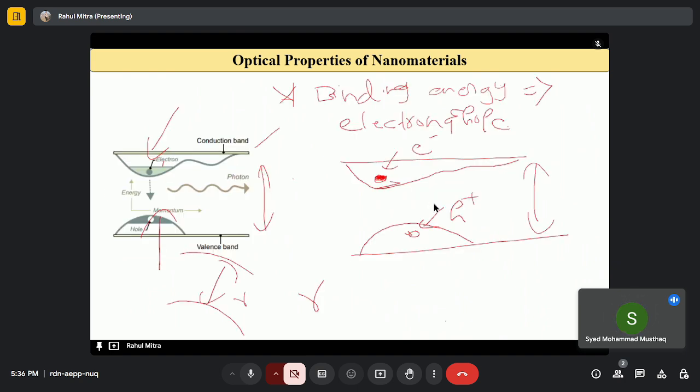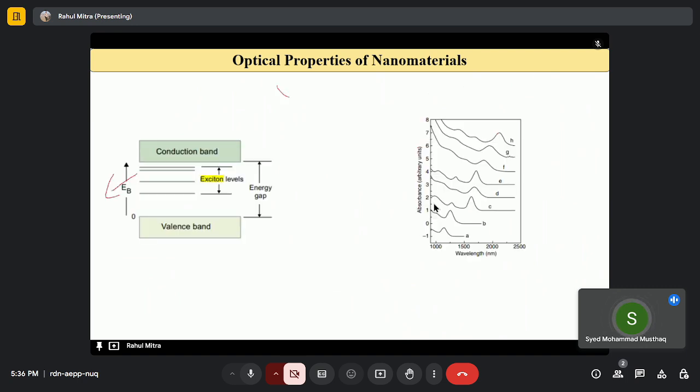In bulk materials, we have a continuous band, but for nanomaterials, this continuous band will get discretized. We have an exciton energy level, right? So, what are the consequences of this confinement?